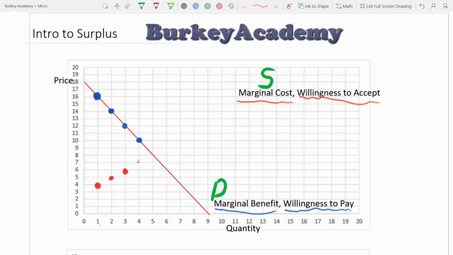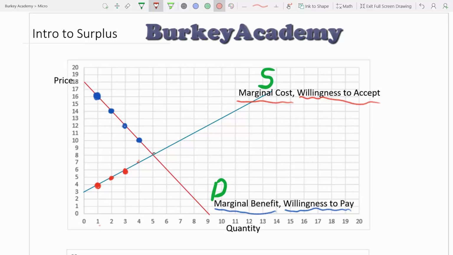Okay, so now that we've got a fundamental understanding of what the supply and the demand curve tell us when we're thinking about decisions here, the demand curve tells us basically the value of each of these things to the consumer, and the supply curve tells us the cost of producing that good.